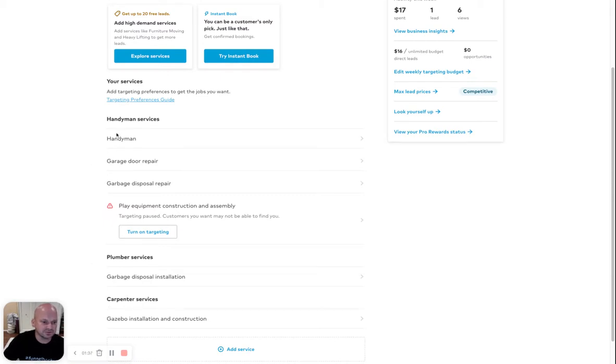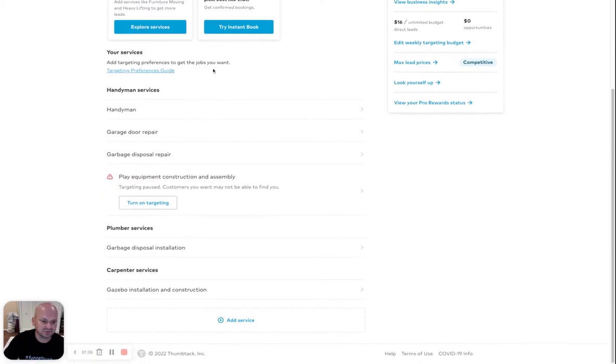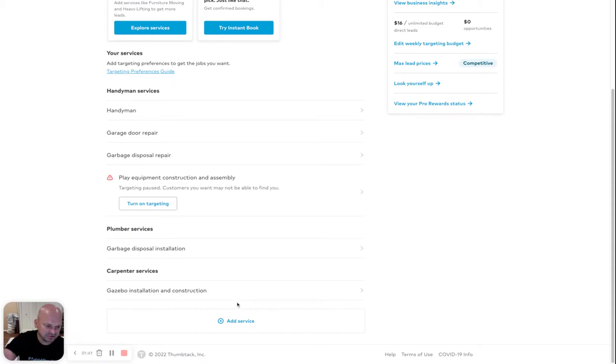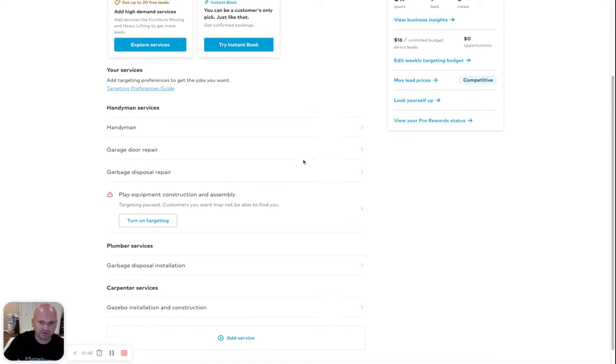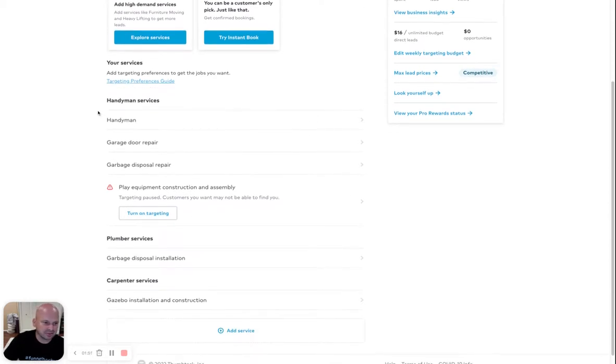You don't want 20 listings up here with your budget spread out all over 20 listings, because you'll never get any leads, or you'll get few and far between in each category. So I like to limit mine. Right now I got 6 up. I usually only have like 3, and then I'll have some on pause, like this one, play equipment construction.